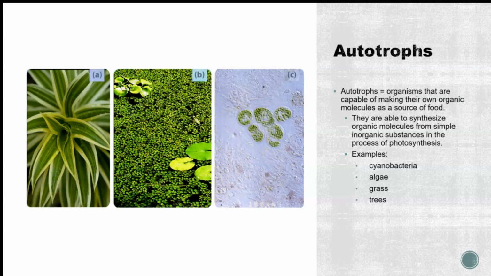So we've looked at that process of photosynthesis. Some examples of autotrophs, we've got our cyanobacteria, algae, grass, trees, so anything that photosynthesizes. So our autotrophs are our producers, but also remembering that there is this other group, our chemotrophs, okay? Just remembering that they do also exist.